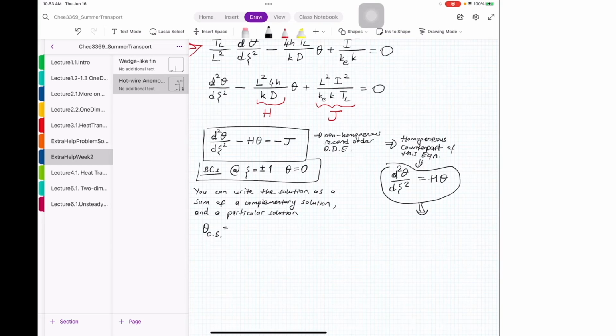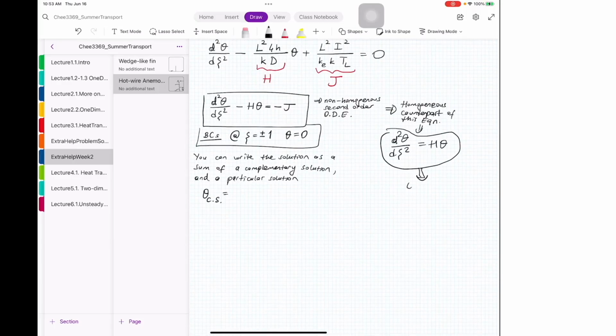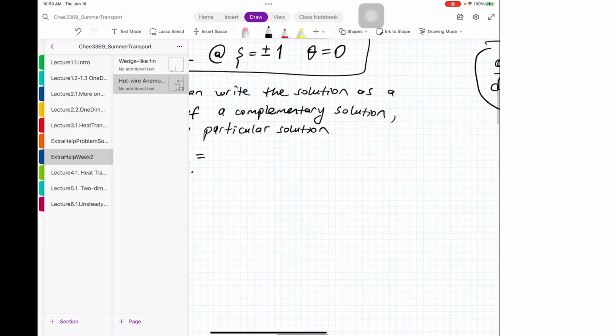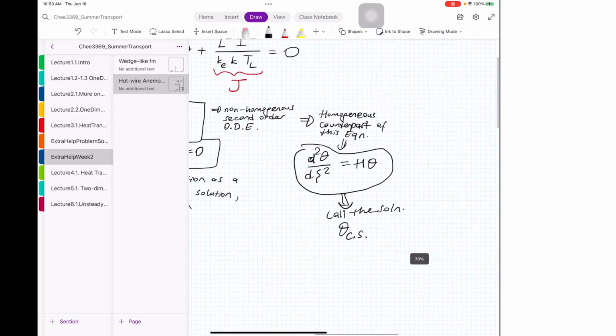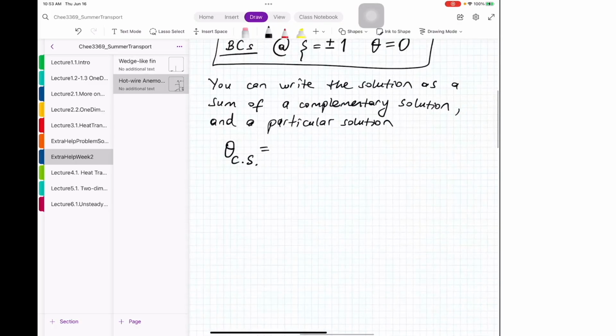This is called the solution theta complementary solution. And as you know, the solution to this equation, since h is positive, is equal to C1 times cosine hyperbolic square root of h psi plus C2 sine hyperbolic square root of h psi.